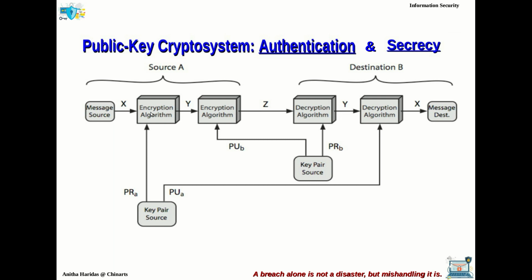Since we are using the sender's private key, this becomes the authentication process. This encryption and this decryption is for the authentication process, and this encryption and decryption where we use the receiver's key pair is for the secrecy, or you call it confidentiality.